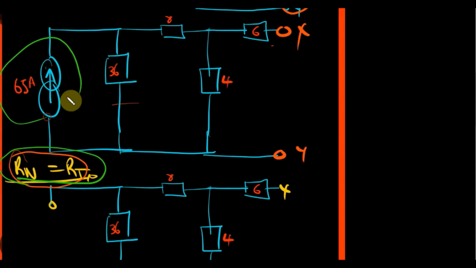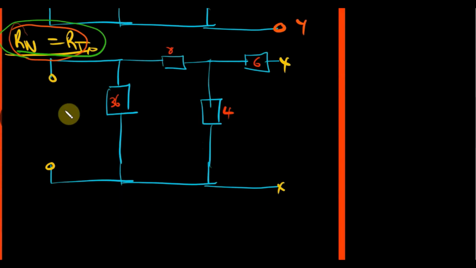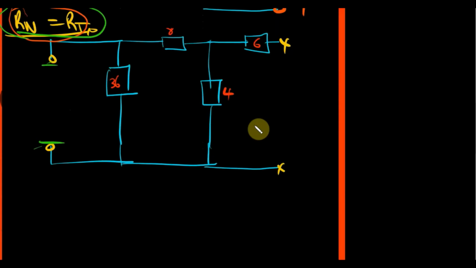As we had here, you open the circuit, you remove the current source, as we just did right here. We remove the current source, open the circuit, and we'll be getting our R Norton from there, measuring using a multimeter to find out what is the total resistance of all these.